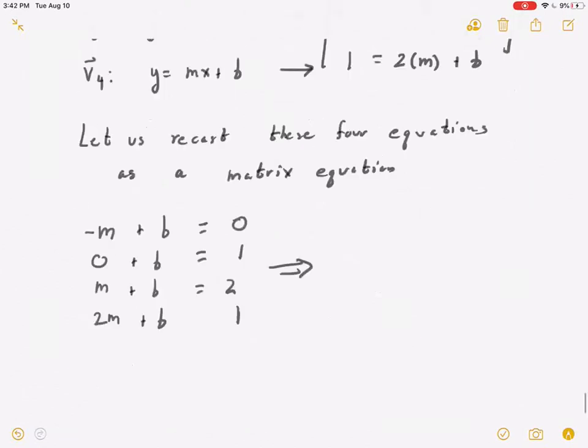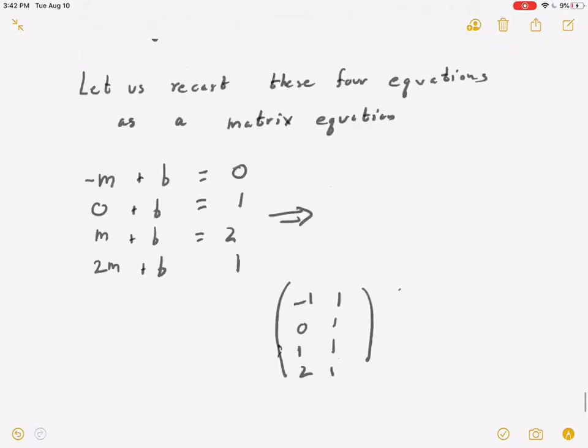So I could write this as a matrix equation. Let me just write it out first and explain what these are in a minute. So just recasting data a different way.